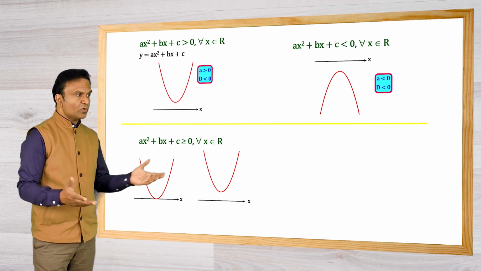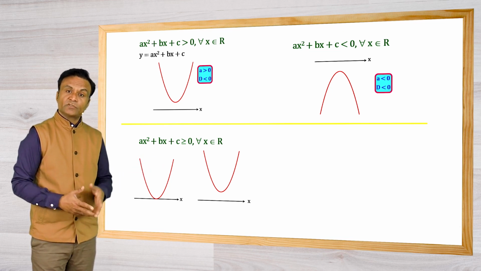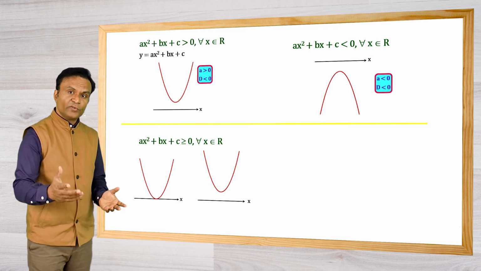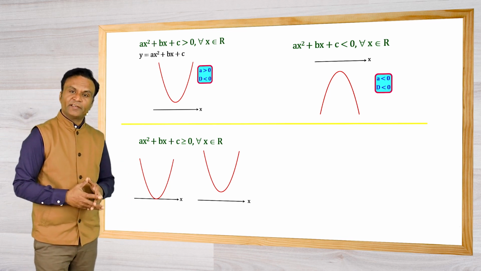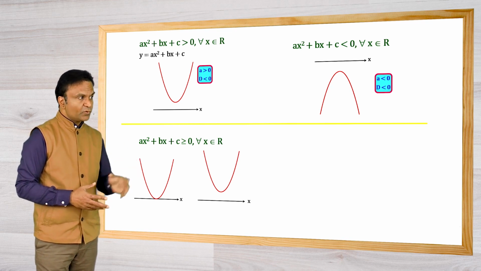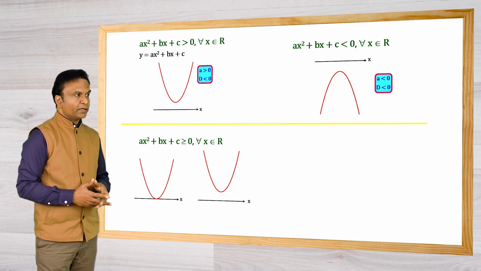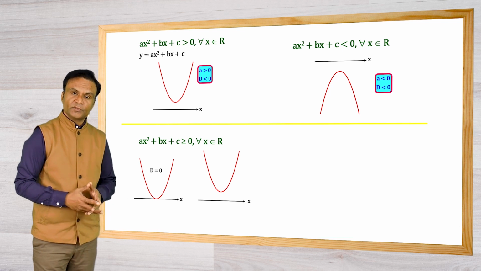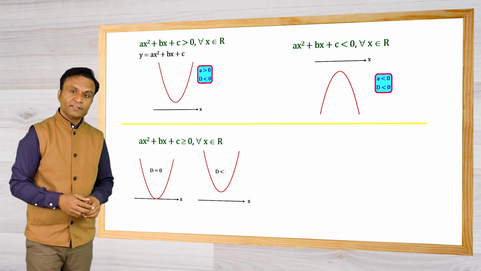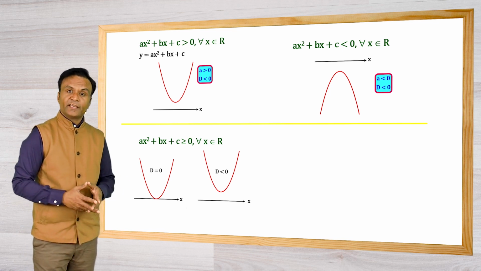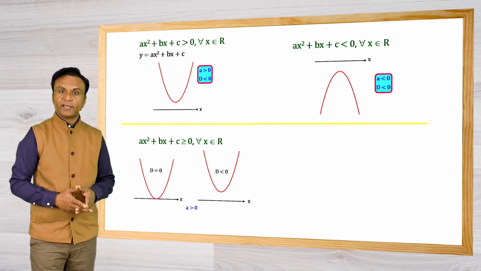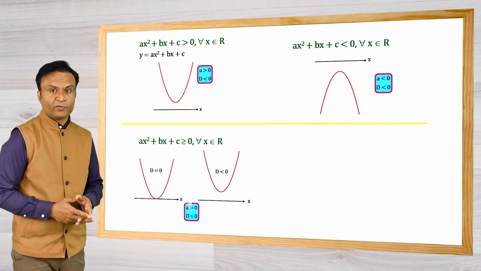Here, so what? The quadratic function is not 0, it is always positive. So for this inequality, we have these two possible graphs. In the first graph, D is equal to 0, and in the second graph, D is less than 0. So we have conditions a greater than 0 and D less than or equal to 0.